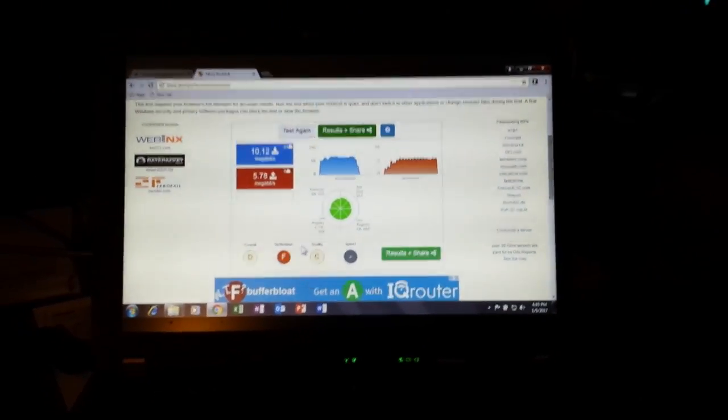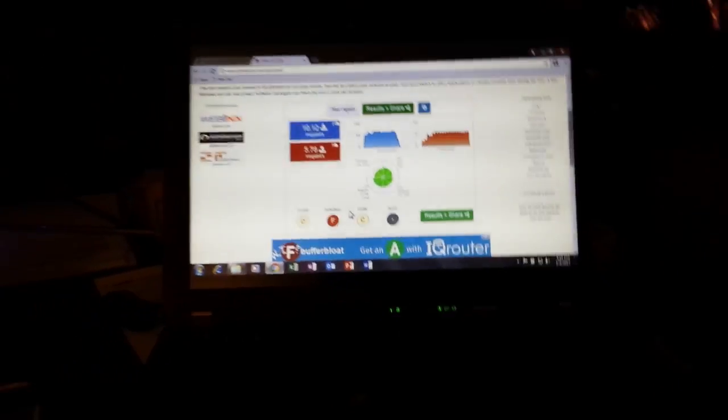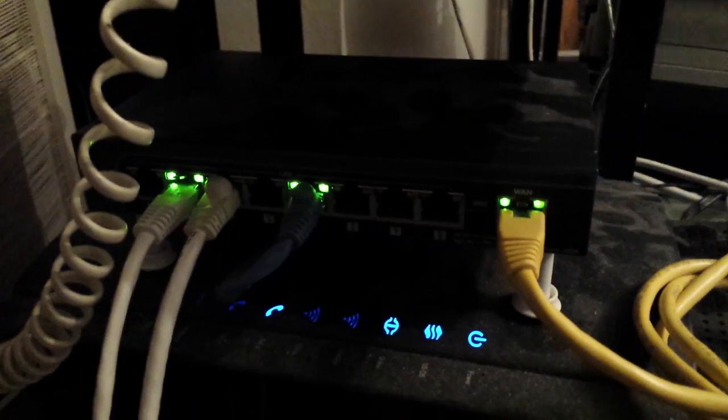These two, the MacBook Pro and the Lenovo T400, are both direct outputs from the modem. So I'm going to take a little walk around the corner here. It means that we should turn some lights on. That means this router is not in the picture on those last two.